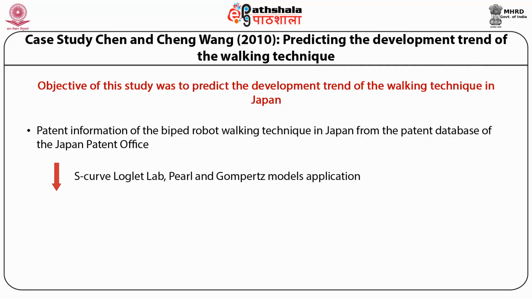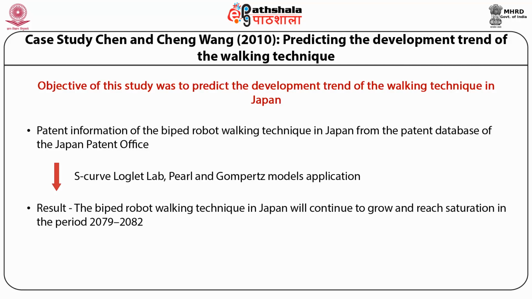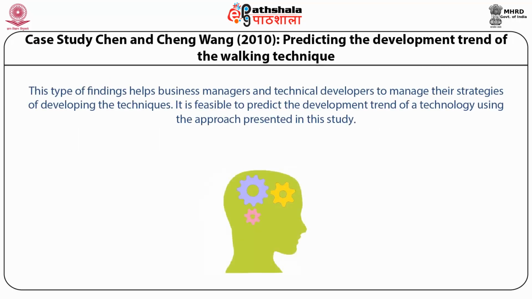ESCAV Loglet Lab analysis, Pearl and Gompertz models were used. The study showed that the biped robot walking technique in Japan will continue to grow and reach saturation in the period 2079 to 2082. These types of findings help business managers and technical developers to manage their strengths in developing the techniques. It is feasible to predict the development trend of a technology using the approach presented in this study.